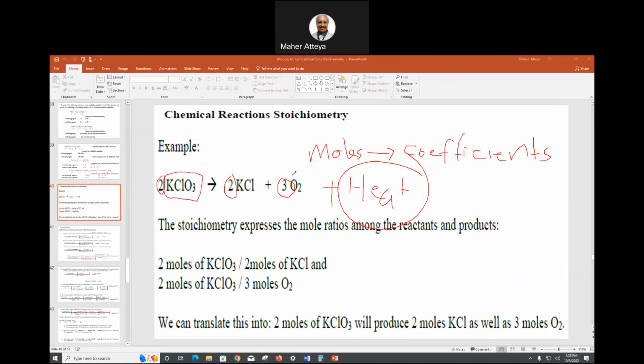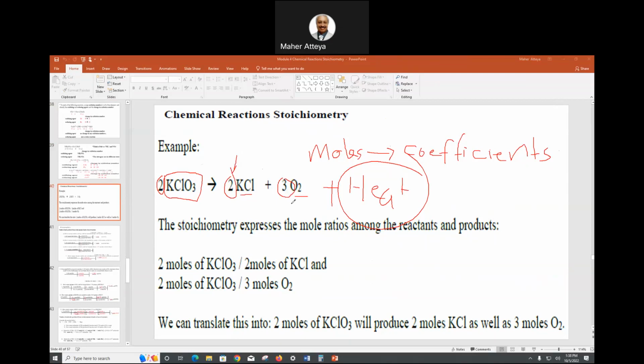We use it in some mixtures. Clorox has a mixture of hypochlorite, chlorate, all this in Clorox, bleach. So potassium chlorate can be used as a bleach. So it will decompose, correct, to give you 2 moles of potassium chloride, and 3 moles of oxygen gas, right?